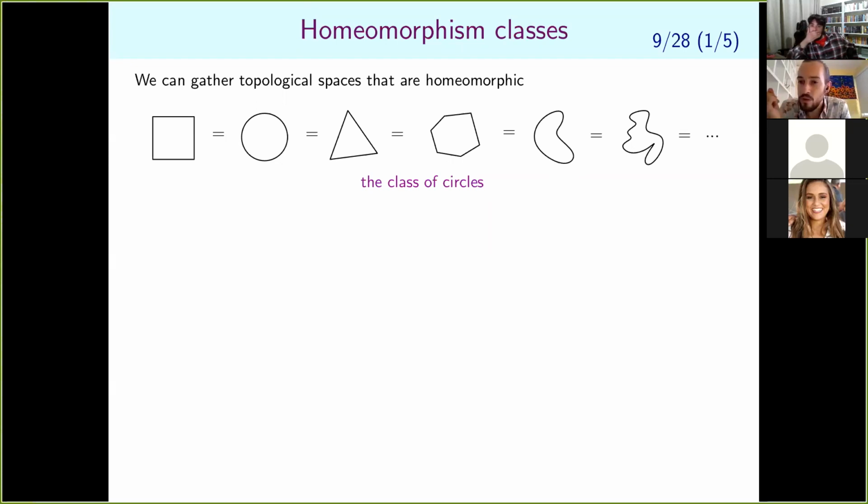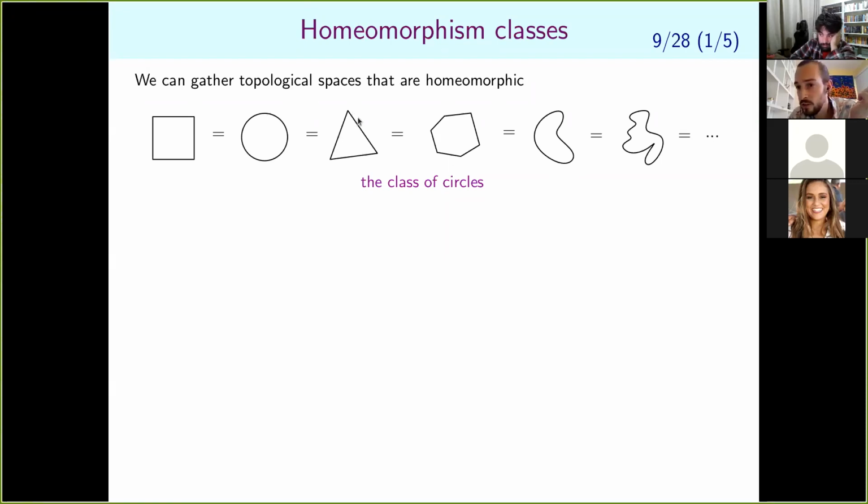All right, so now we have the notion of homeomorphic spaces. What we can do is gather topological spaces in classes, where a class consists of all topological spaces that are homeomorphic, right? So for instance, the square is homeomorphic to a circle, but also to a triangle.